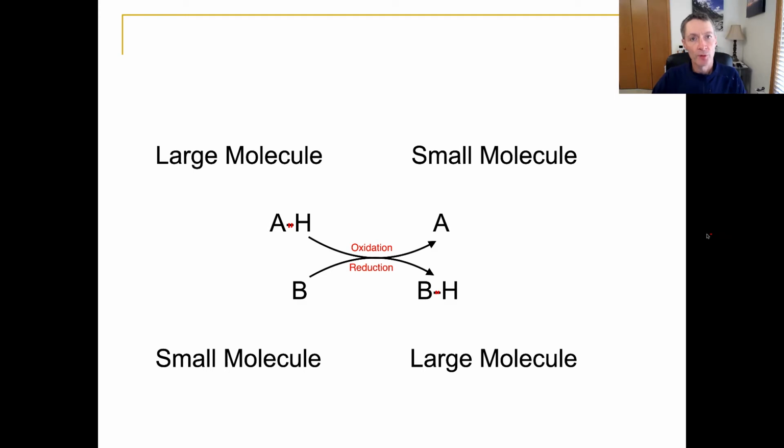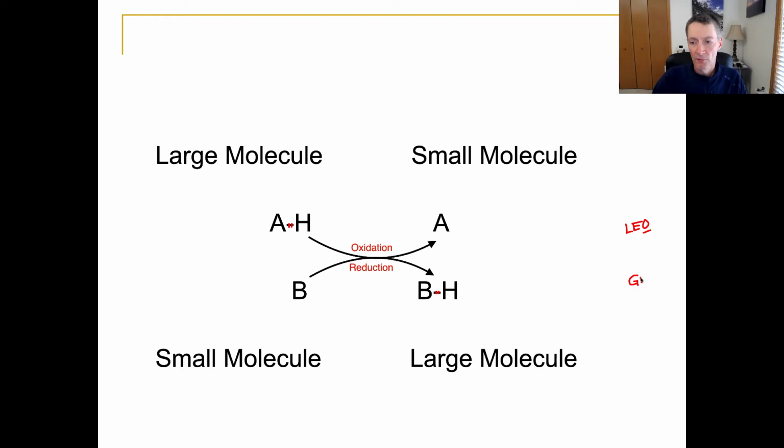Now there are a couple ways of remembering these that are kind of cute ways. Leo the lion says grr, okay? So Leo would be loss of electrons, right? Is oxidation. So electrons were lost over to here. So on this side we have oxidation going on.